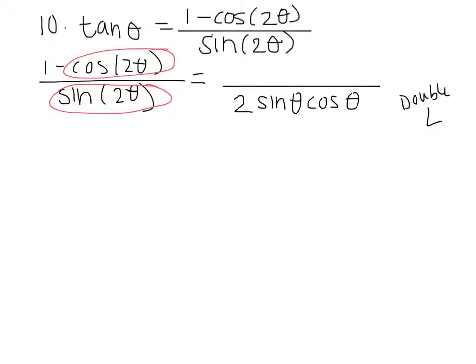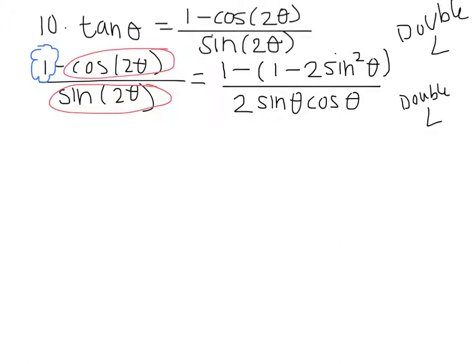Because what I'm really hoping to do is cancel out this 1. So I'm going to choose the last identity and see if it works out. So I am instead going to make this 1 minus 1 minus 2 sine squared theta. And again, this is double angle.